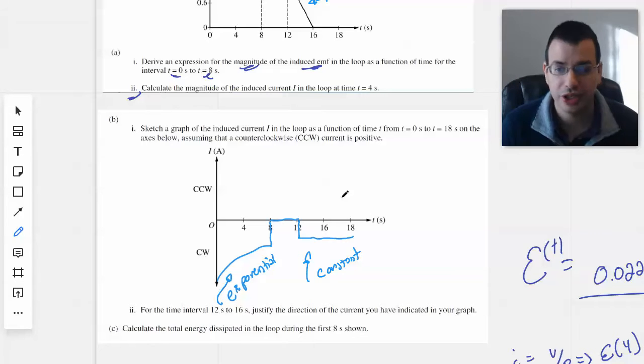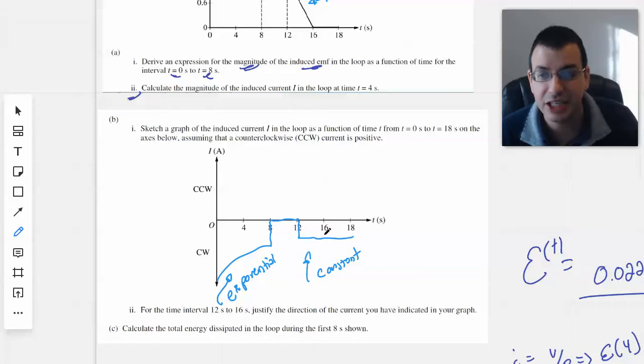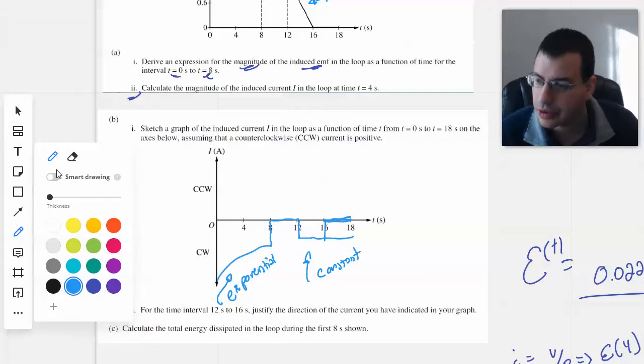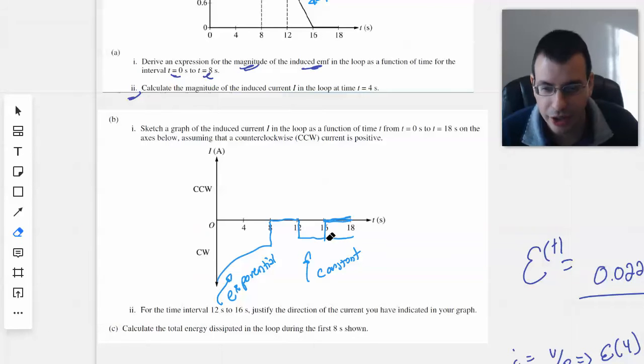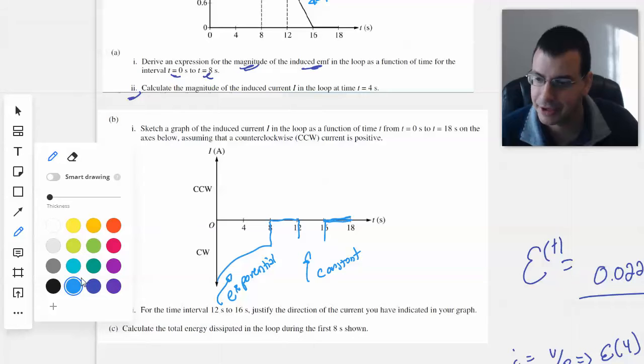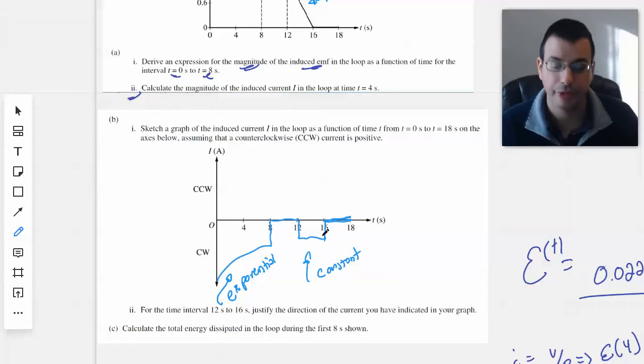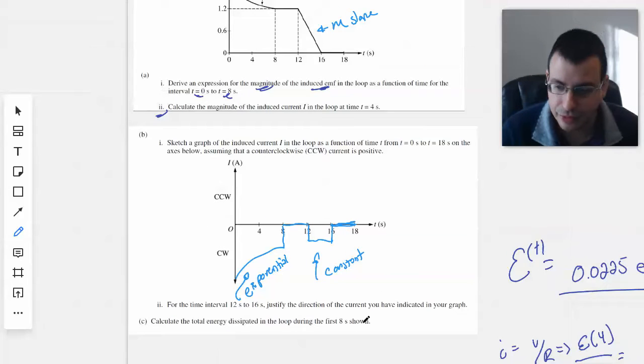And then it gets to 16, 12 to 16. There we go. And then at 18, it's 0. So, got a little carried away there. Oh no, I realized, so much harder than I initially expected. There we go. So that's the correct graph.